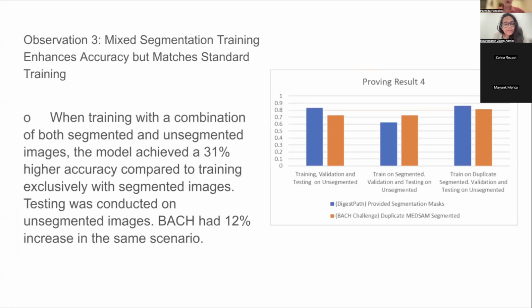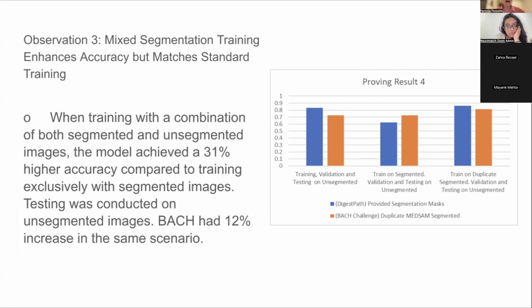The third observation was related to the DigestPath dataset. As I said, when we trained the model on segmented images, the accuracy for the DigestPath dataset dropped significantly. And we hypothesized that this was because the background noise was almost completely omitted in this dataset.